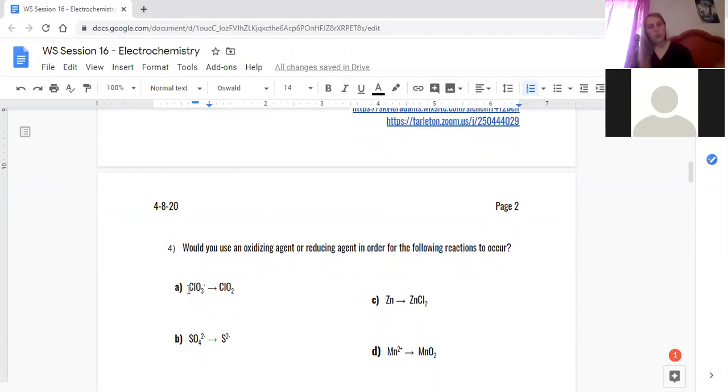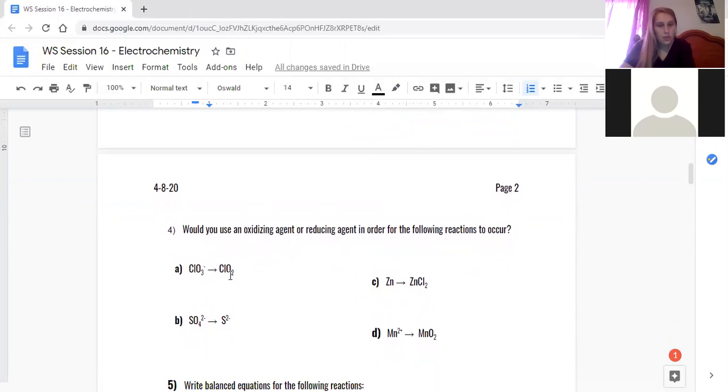Okay, so we have ClO3 minus and ClO2 here. So we're trying to figure out the chlorine here and figure out what the oxidation state is on both sides. So what is going to be the oxidation state of chlorine on this first part here?